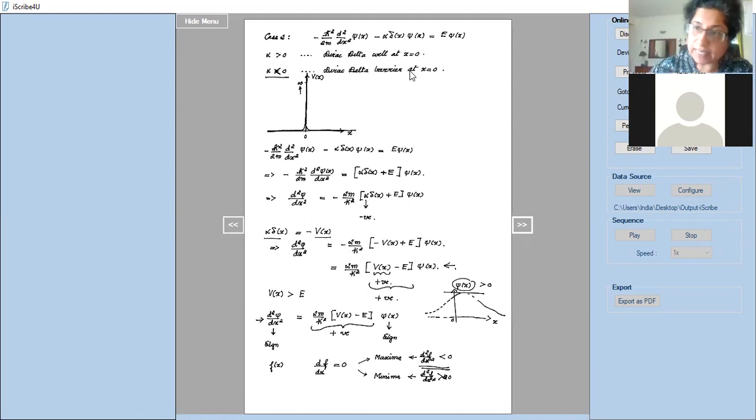Similarly, if your psi of x is negative, for it to be bounded, if it is becoming more and more negative, you want it to start becoming positive at some point of time, right? And then you will have a normalizable situation.